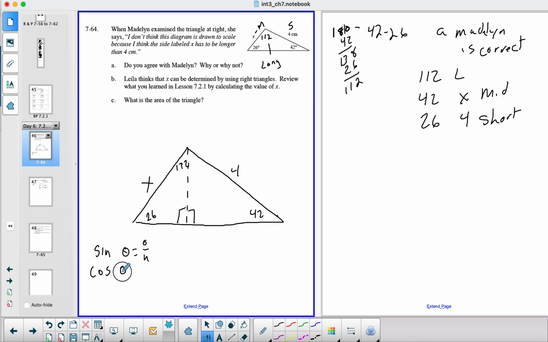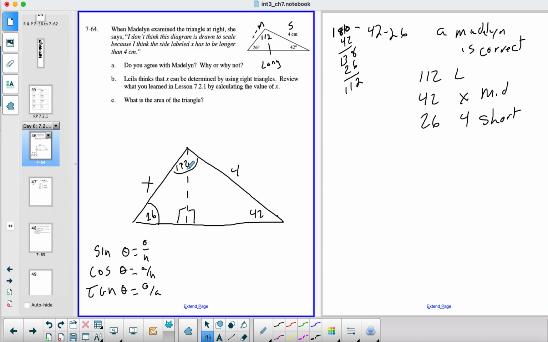Cosine of our angle equals adjacent over hypotenuse. Tangent of our angle equals opposite over adjacent. I'm going to start with one of these angles that I know. This whole thing is 112, we're not going to use that. Let's start with this 26 here.